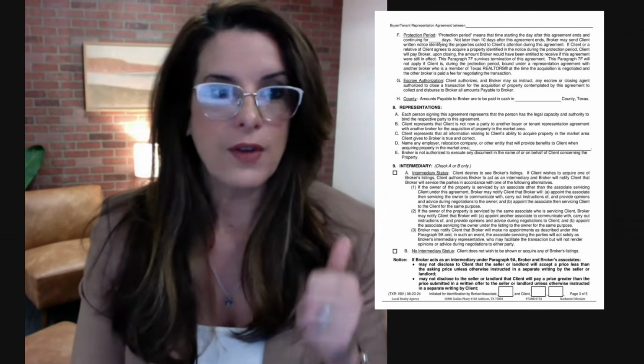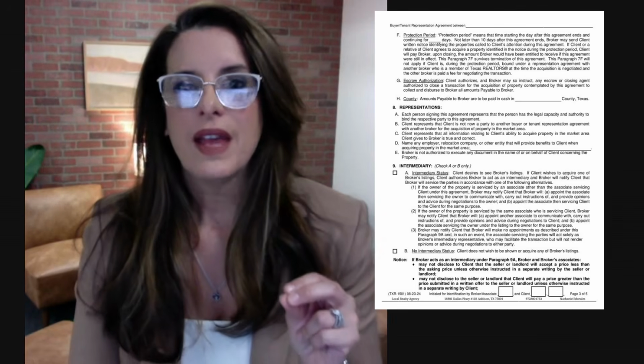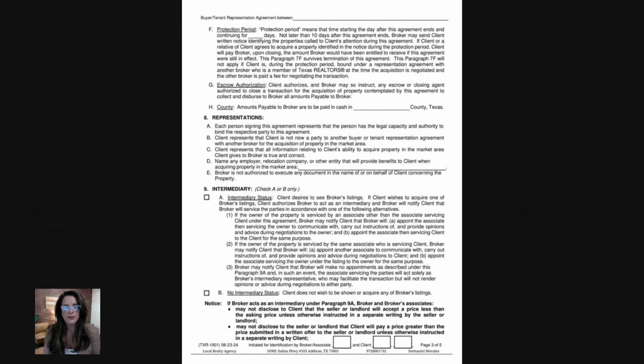Now, you can have a power of attorney, you could be the executor of an estate, but when those scenarios happen, make sure that you have the documentation that says that this person is authorized to sign this document.